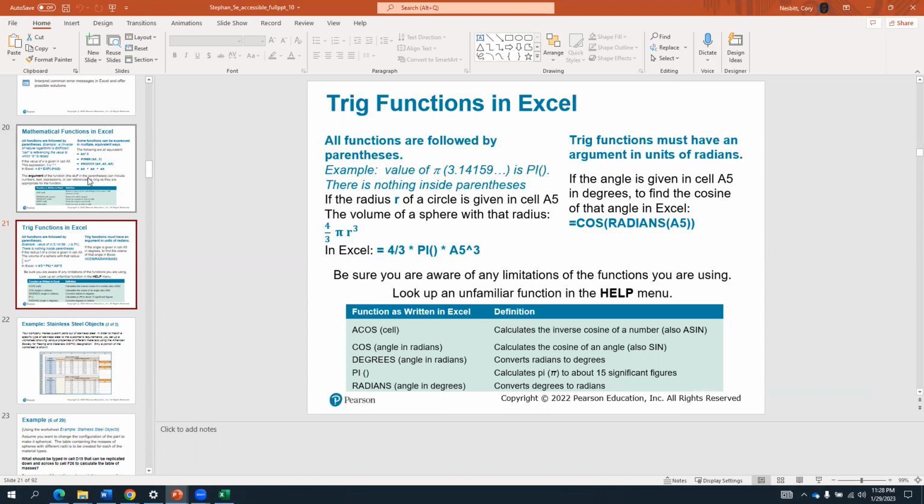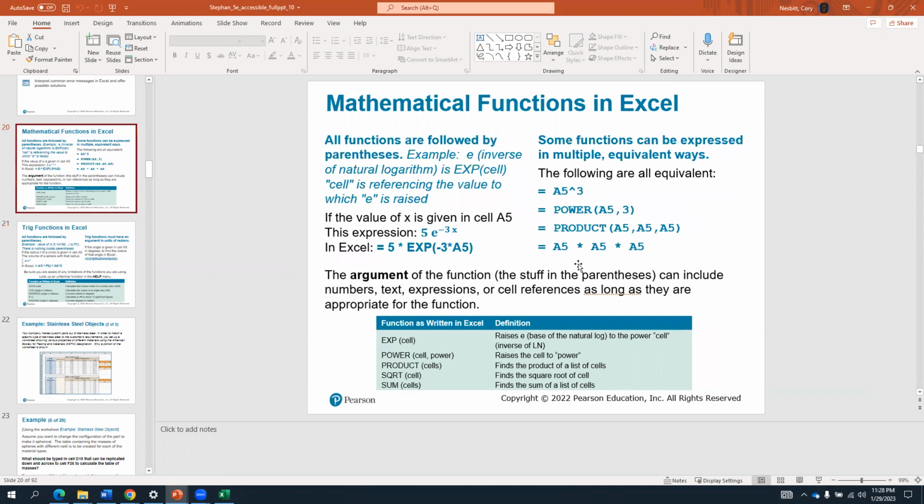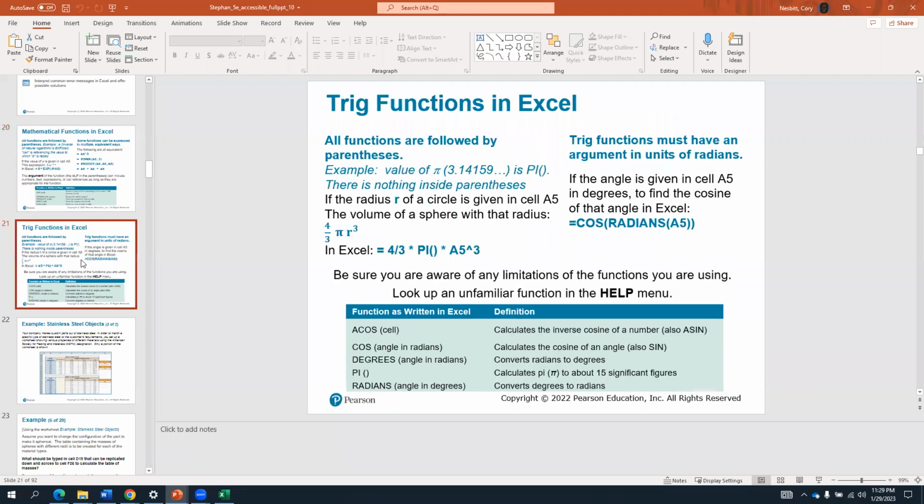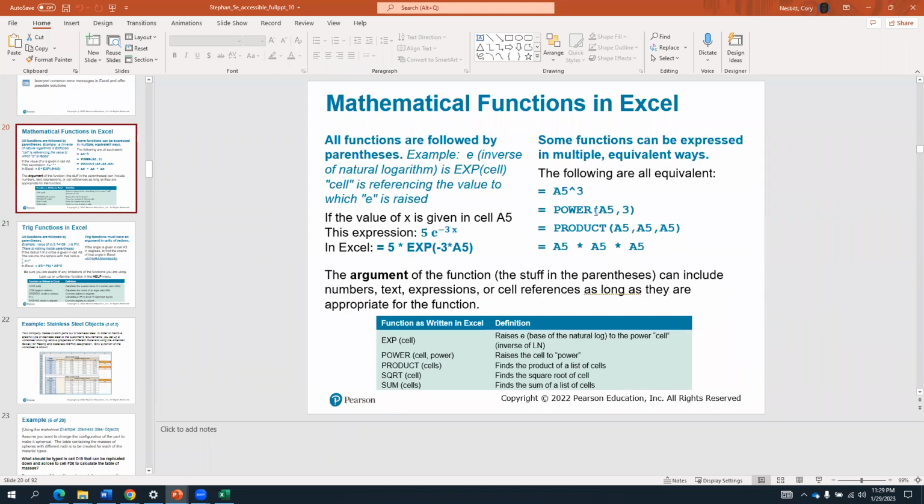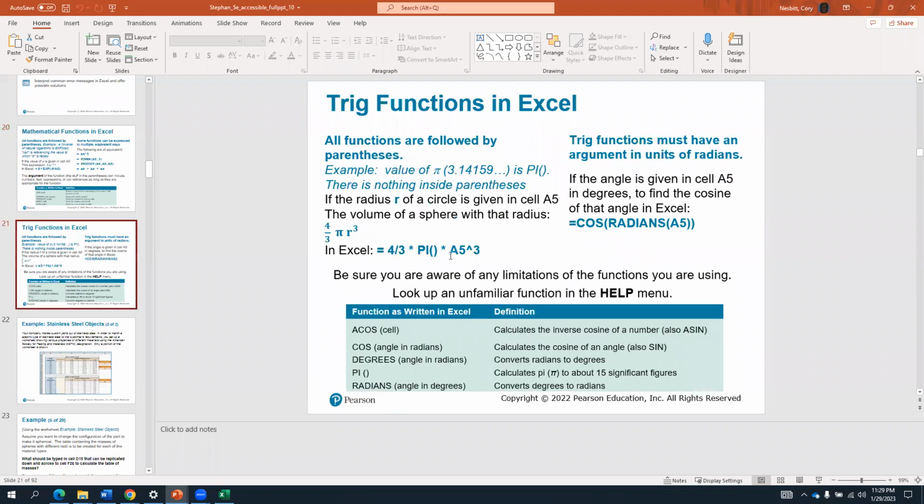If you're trying to use the power, you can go A5 to the power of 3, or you can use another cell and define A5 to the power of 3 by saying equal POWER(A5, 3), and you can reference that formula from whatever cell it is in. So you go 4/3 times pi times whatever cell you put that formula into.